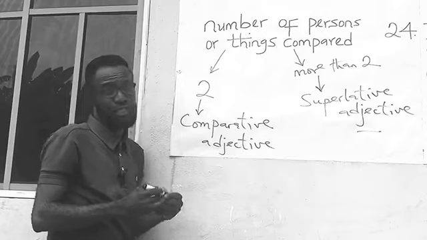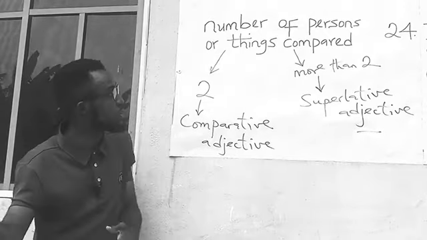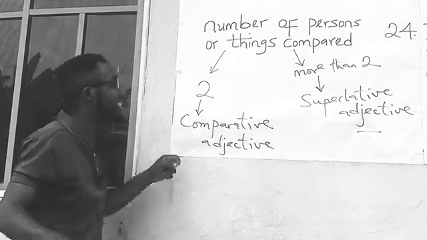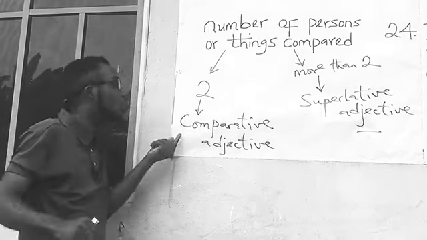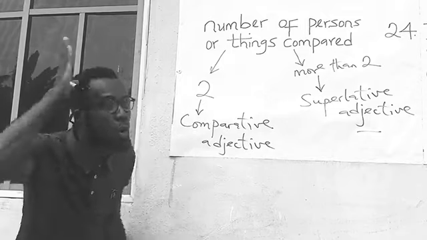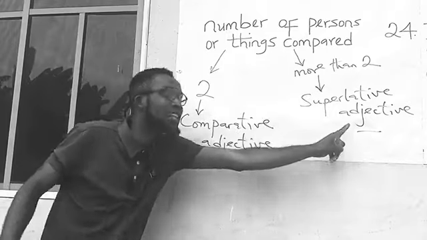I believe that is understood. Just check the number of persons or things compared in the question. If the number compared is exactly 2, then choose a comparative adjective. But if the number compared is more than 2, then choose a superlative adjective.